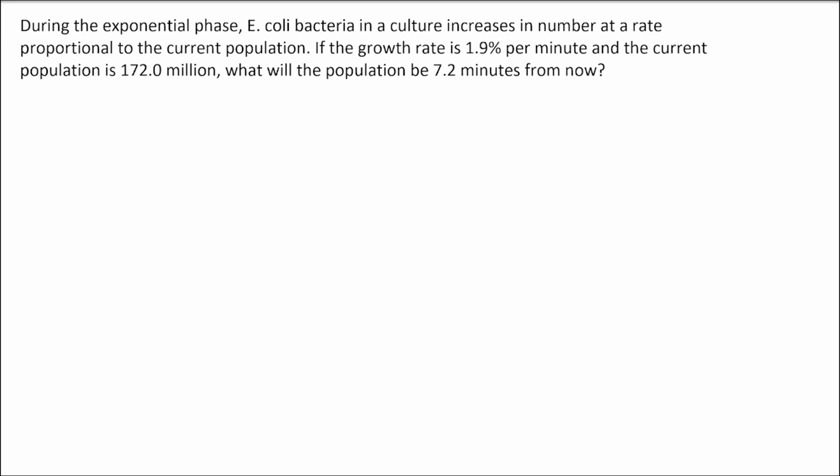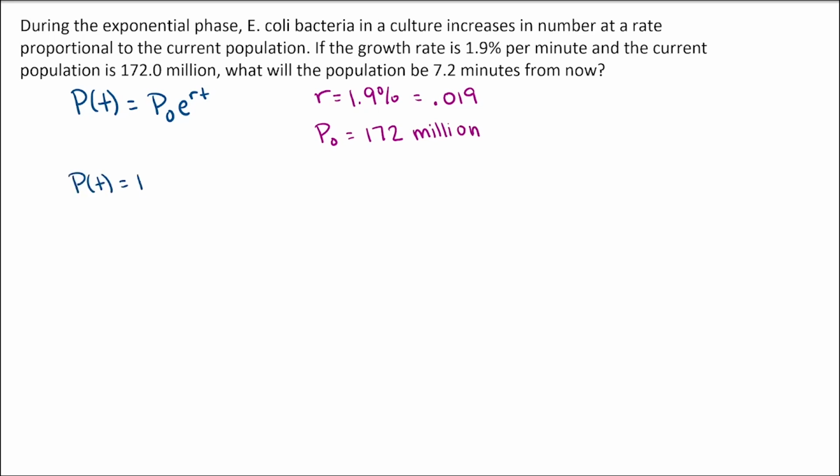So we'll use our second exponential growth function, P of t equals P0 e to the rt. Our r is 1.9% or 0.019, and our P0, or our initial value, is 172 million. So our expression to represent this growth is going to be P of t equals 172 times e raised to the 0.019 t power.